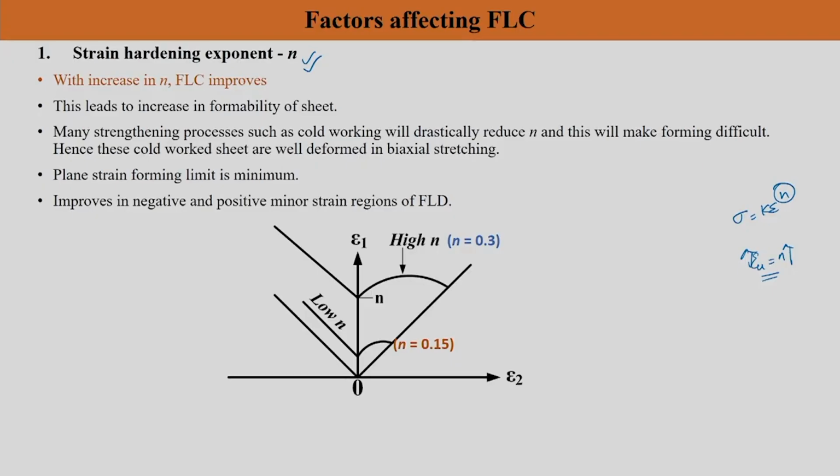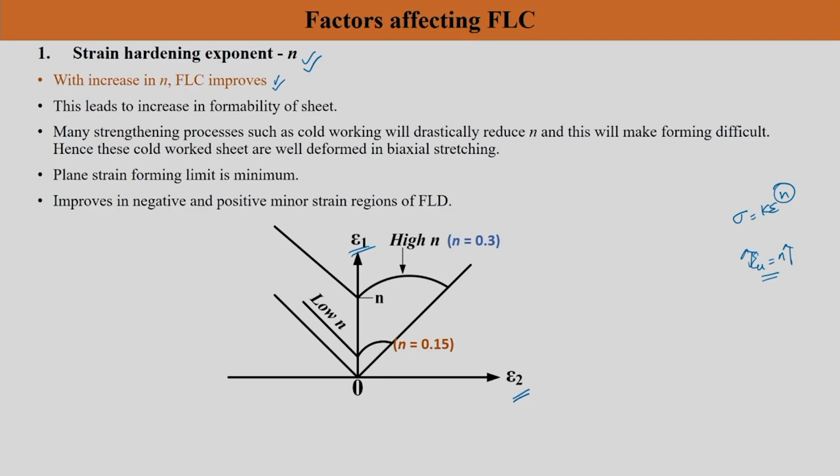Similarly, the effect of n value on the forming limit curve can theoretically be estimated, and in general one can say that with increase in n value, the forming limit improves. This is the forming limit curve, plotted between epsilon 1 versus epsilon 2.